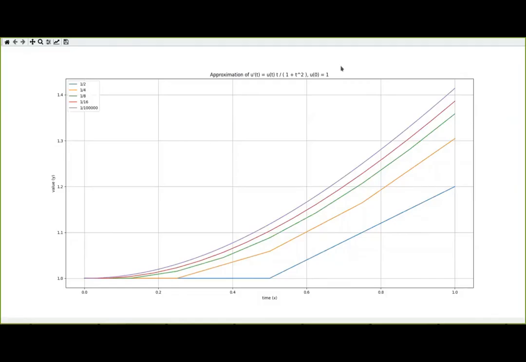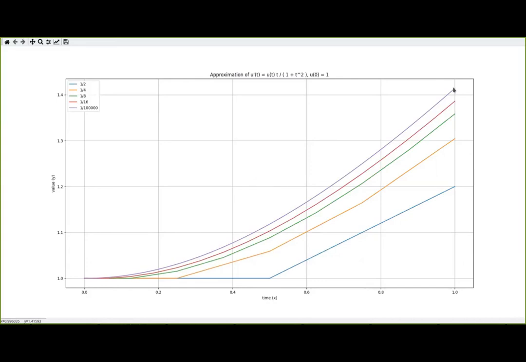Now, after all these numbers, let's try to cool down a bit and have a look at these graphs here. What you see here are numerical approximations by the Euler method to the differential equation u prime of t equal u of t times t over 1 plus t squared, with the initial condition u0 equal 1. For example, here at the very top, you've got an approximation obtained by the Euler method with 100,000 time steps.